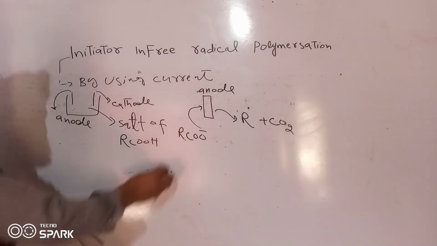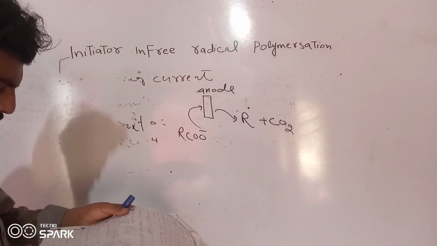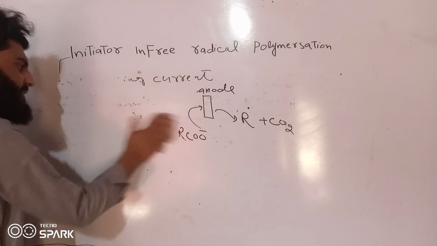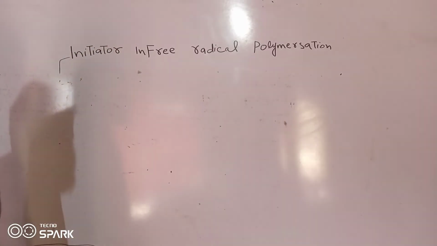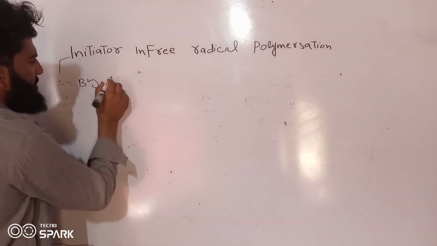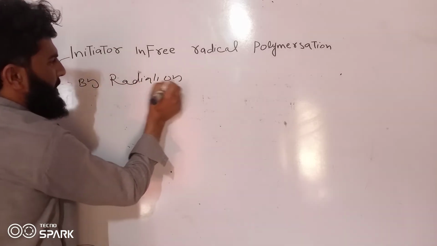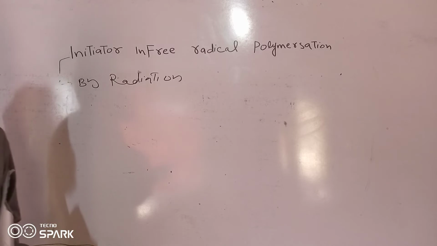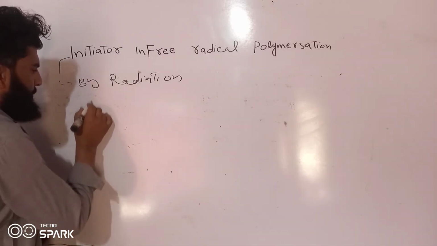Okay, so in the next case, case 4, we can produce radicals by using highly energetic radiation. Clear? So you should know that this radiation may be alpha, beta, and gamma. For example, this is a compound.